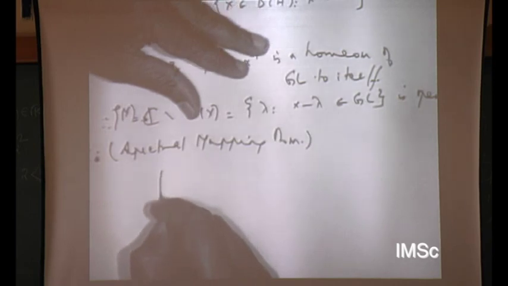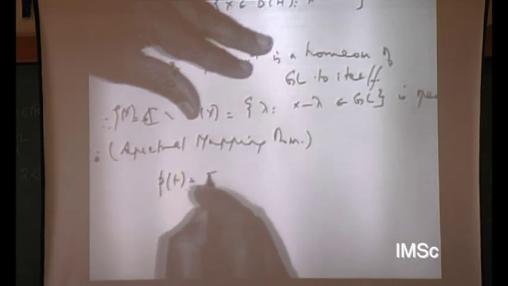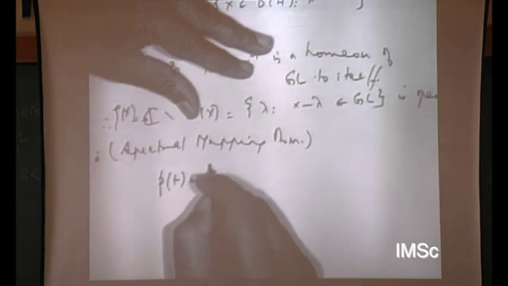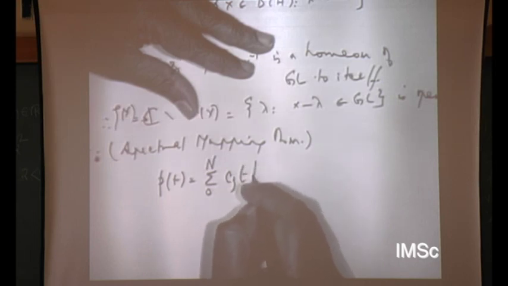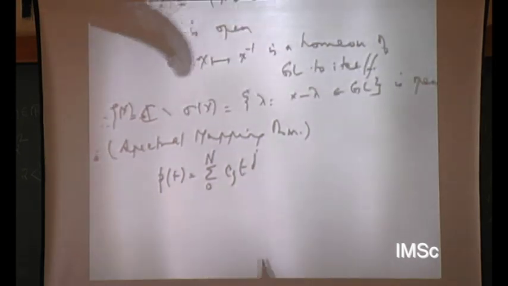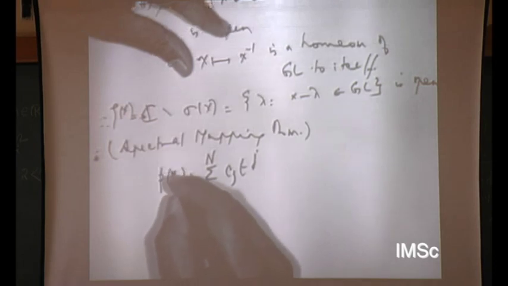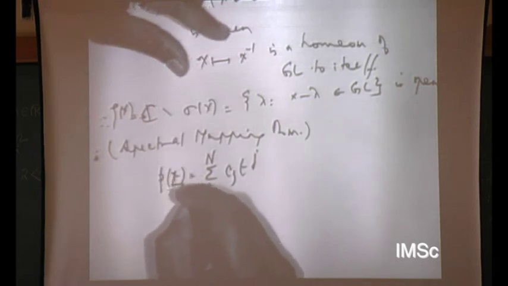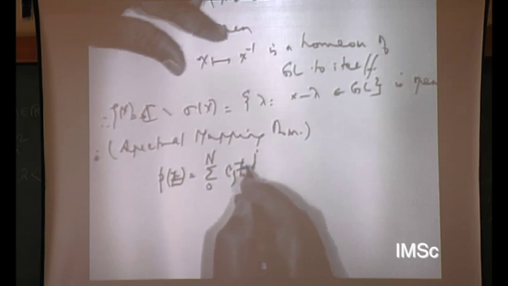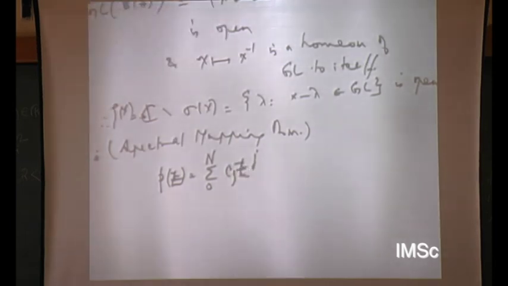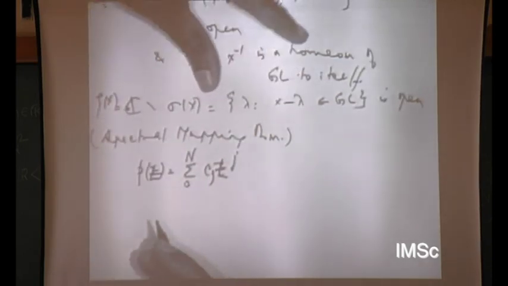I take a polynomial P of t equals the summation from 0 to n of c_j t to the j. Or let's write P of z. Think of z, the variable, as complex or real as the case may be. So take such a polynomial.